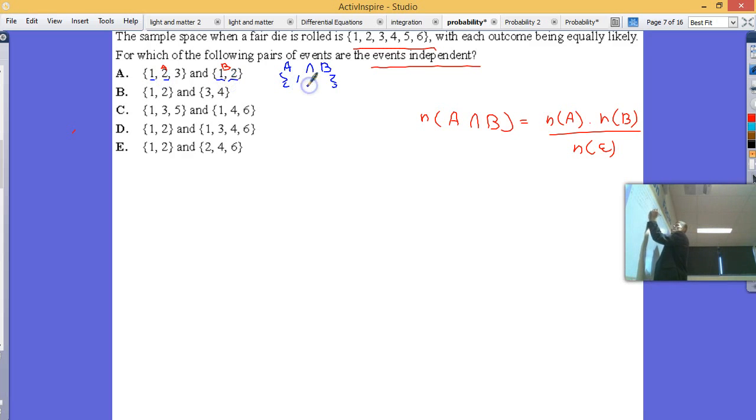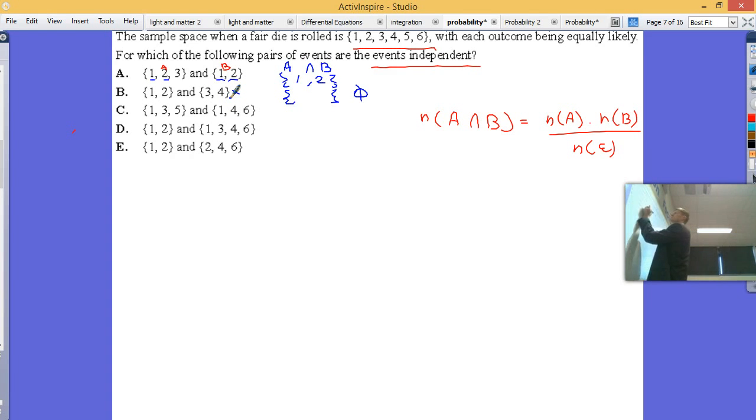So my intersect is 1, 2. Okay, for the next two events, I've got 1, 2, 3, 4. Well, there are no outcomes that are the same, so it's the null set, empty. So I'm going to cross that one off already, just in anticipation. It just seems to not be correct at all.